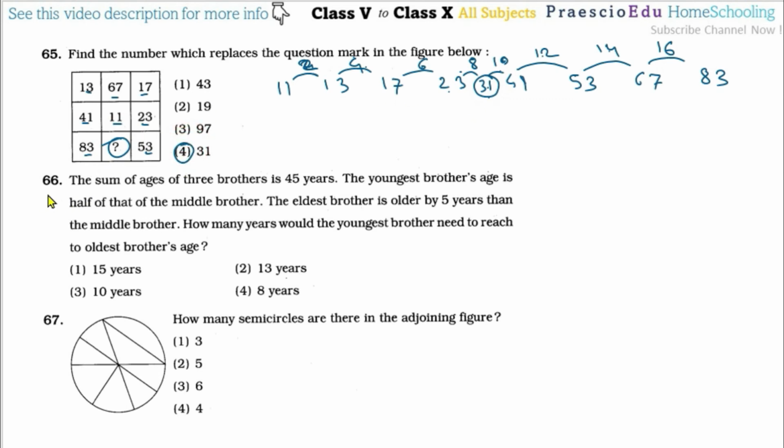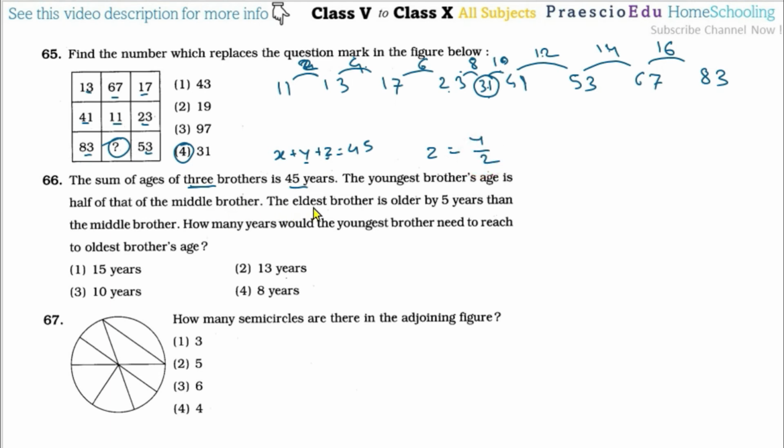Now question number 66: the sum of the ages of 3 brothers is 45 years. Suppose X, Y and Z are the 3 brothers, so X plus Y plus Z is 45. The youngest brother's age, Z, is half of the middle brother's, that is Y, so Z is Y by 2.